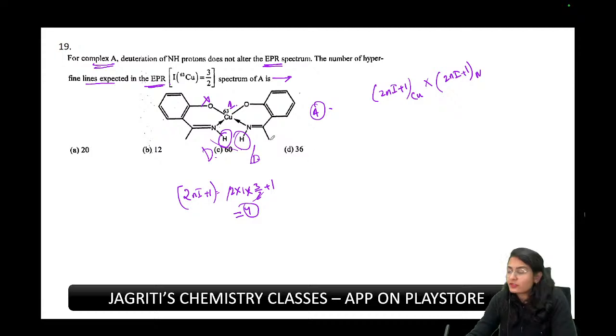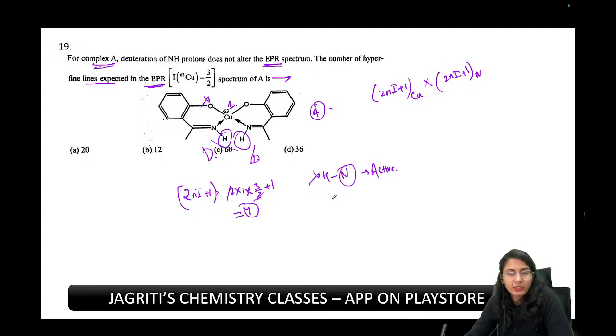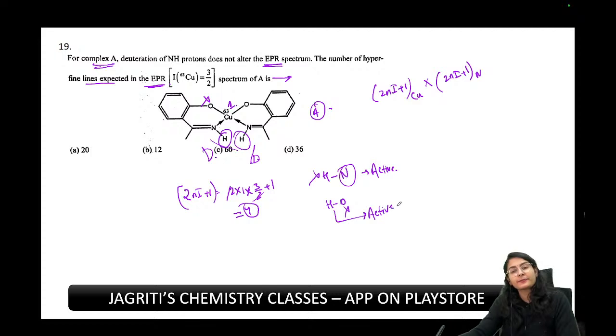Why? क्योंकि ये जो hydrogen है these are connected to an active nitrogen. So when the nitrogens are connected to an active group, nitrogen is active, इसीलिए ये हाइड्रोजन स्प्लिट नहीं करेंगे, they will not split. But if the same hydrogen is connected to oxygen which is inactive, then the hydrogen is going to become active, right? ये क्या है भाई, ये है Drago's rule.